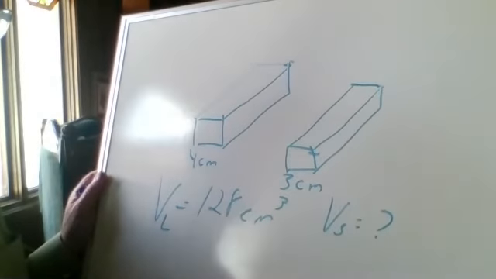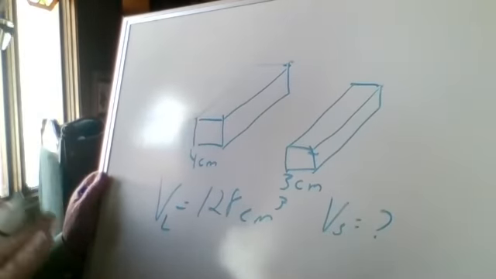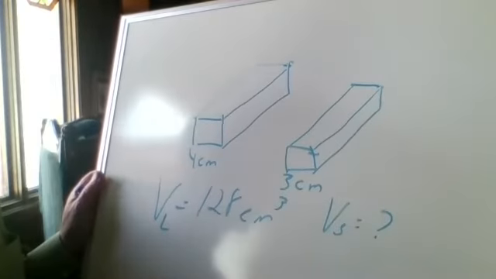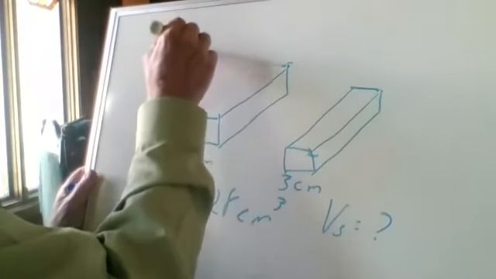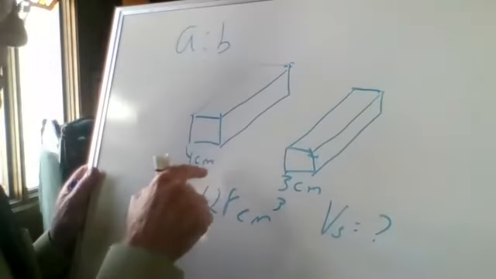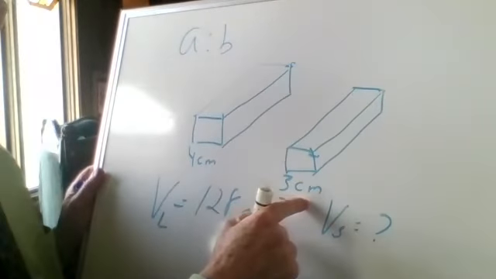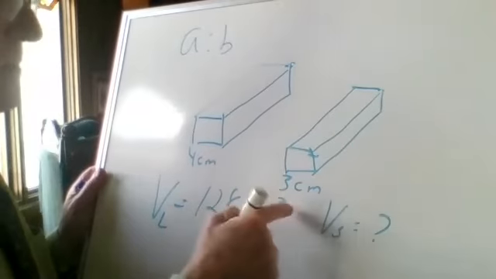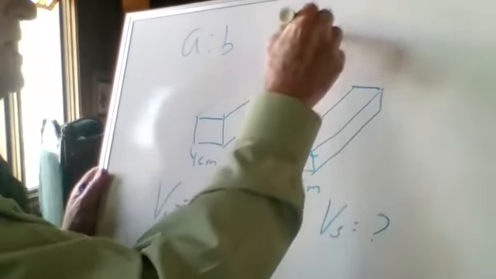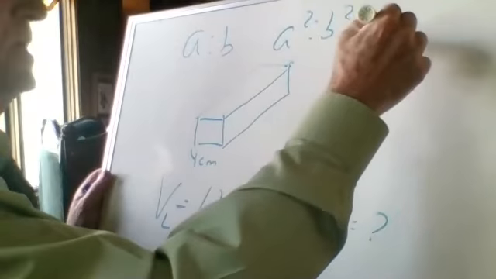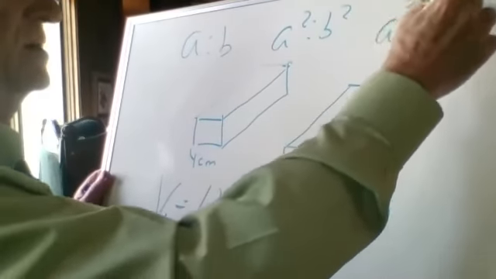So you say, wow, I don't know enough information. But remember, if you did this lesson, which is the last lesson in the chapter, it talks about if you have 2 things that have a ratio of A to B, then area would be A squared to B squared, and volume would be A cubed to B cubed.